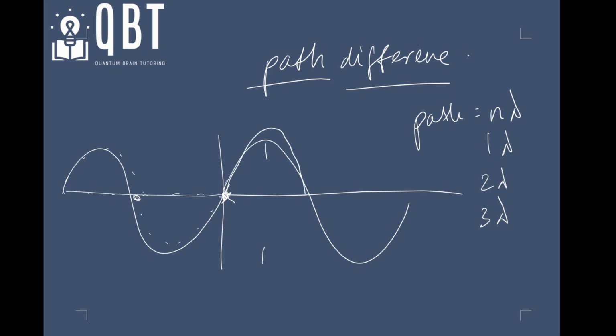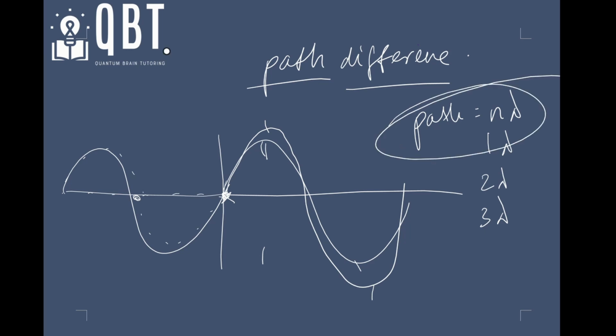What you notice is that those waves actually line up really nicely. Okay, so when the path difference is equal to a whole number of wavelengths, then you have constructive interference. However, when the path difference is equal to a half number of wavelengths, then you get destructive interference.